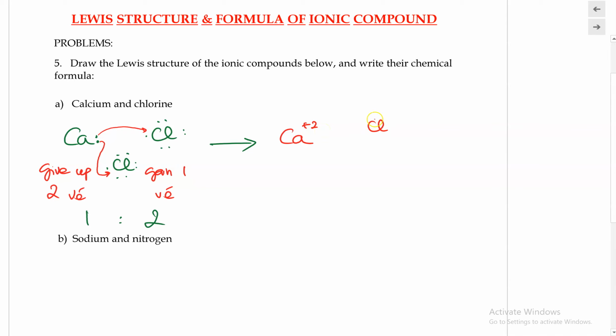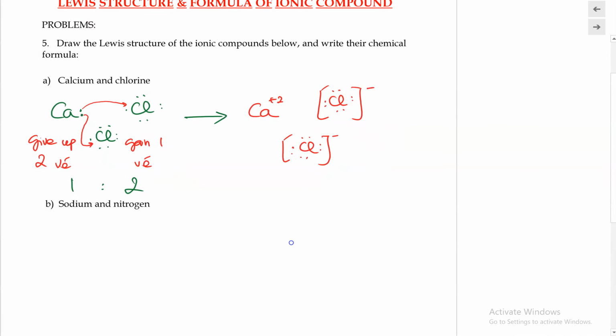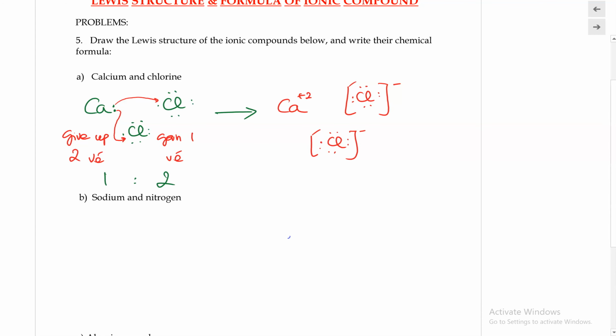As for the chlorine, each of the chlorine now has an octet of electrons, and becomes negative 1. So that would be the Lewis structure of this ionic compound: 1 calcium that is positive 2, and 2 chlorine, each negative 1, and each of the chlorine has 8 valence electrons.